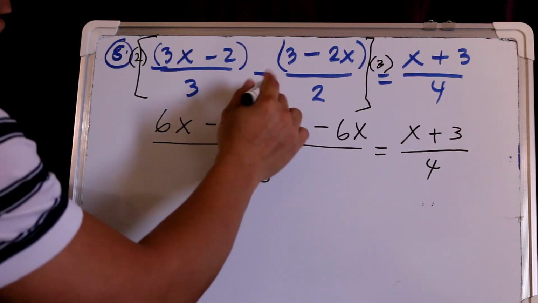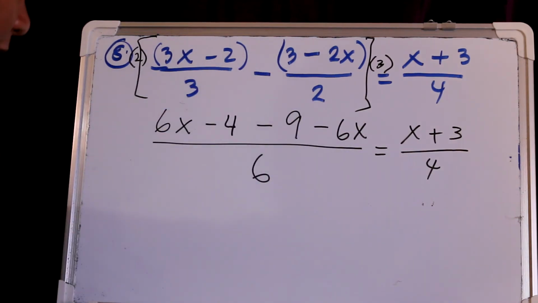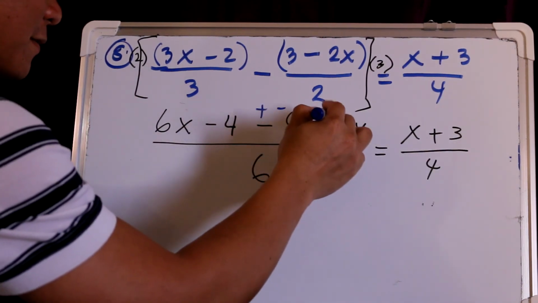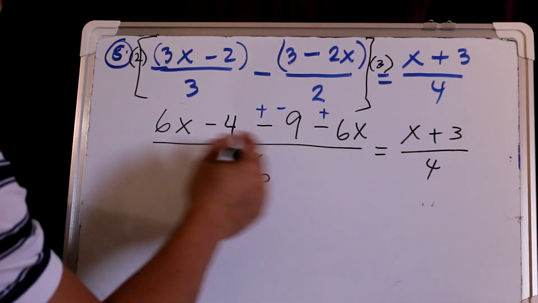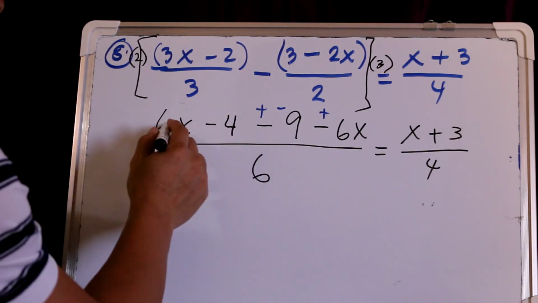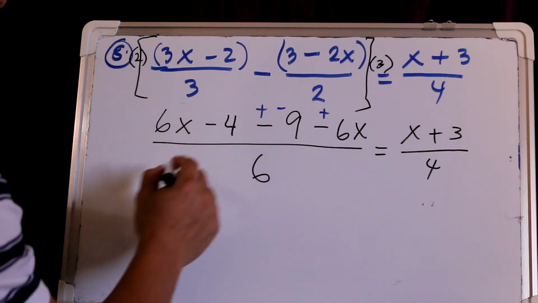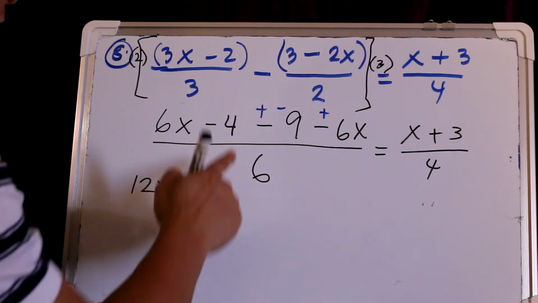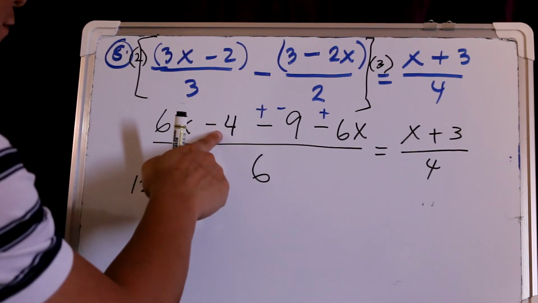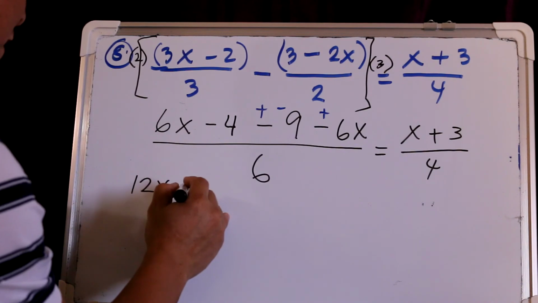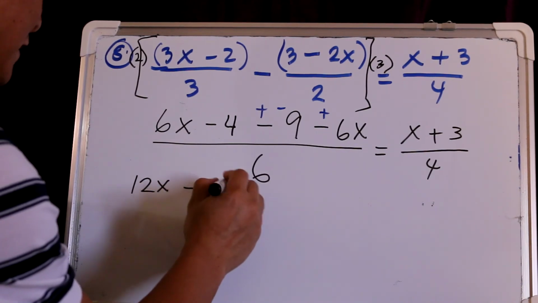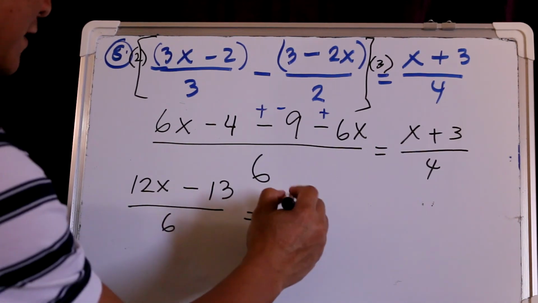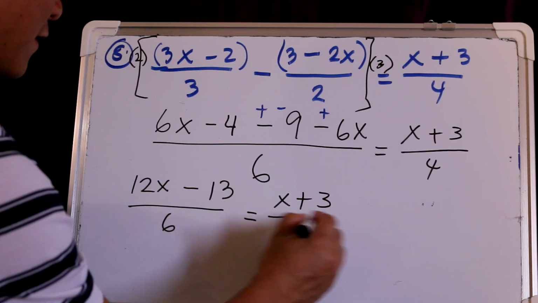So this sign here becomes plus, this becomes minus, this becomes plus. So what do we have here is this combines with that, that means 12x, and then negative 4 and negative 9. So 12x minus 13 over 6 equal to x plus 3 over 4.